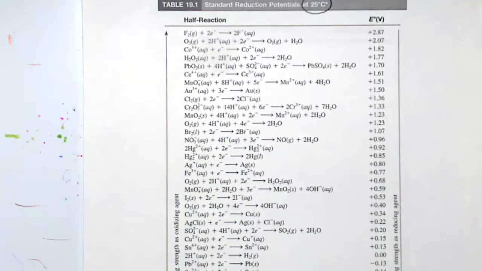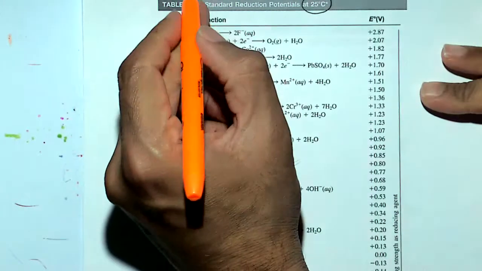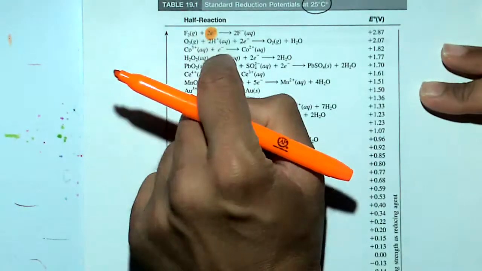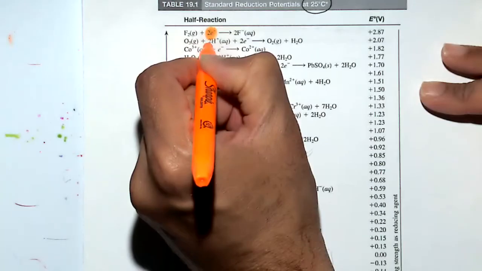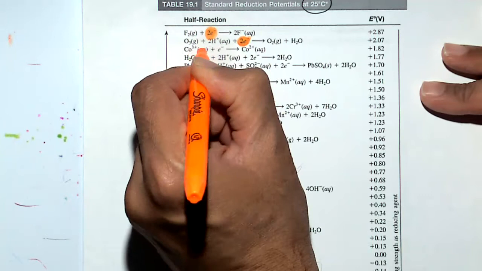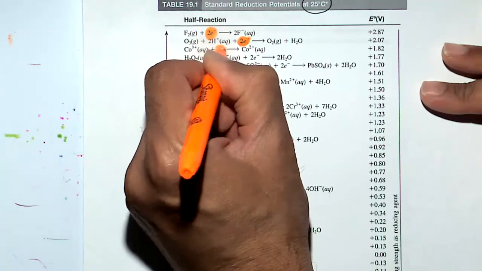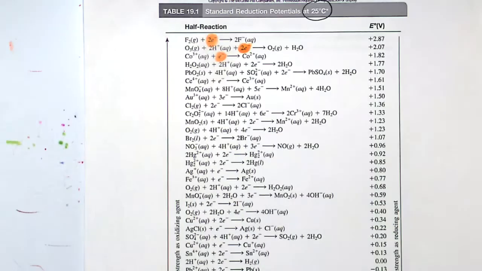Important point number 2, a lot of people miss this, unfortunately, and I'm trying to figure out how to better explain it. All of these are reduction reactions. You see this gains 2 electrons: O3 plus H plus plus 2e minus gains 2 electrons. Here, cobalt 3 plus gains 1 electron, and so on all the way down the page.